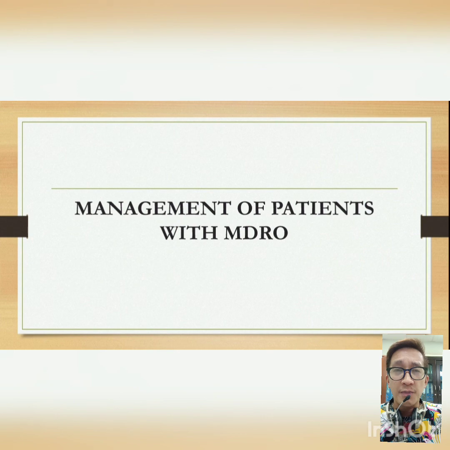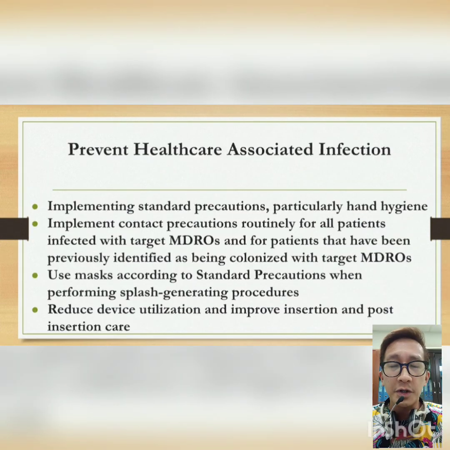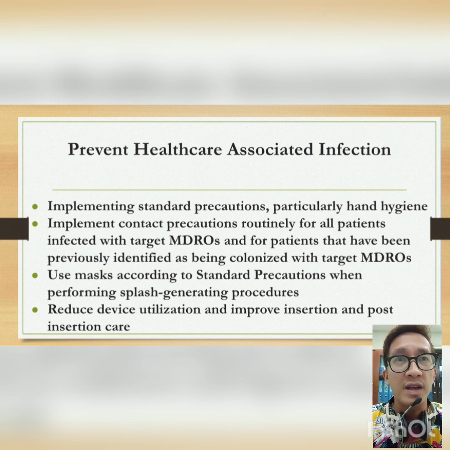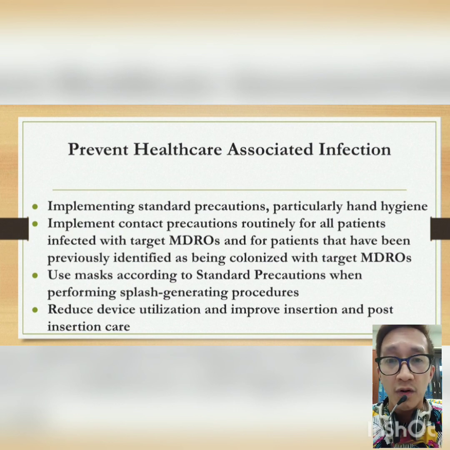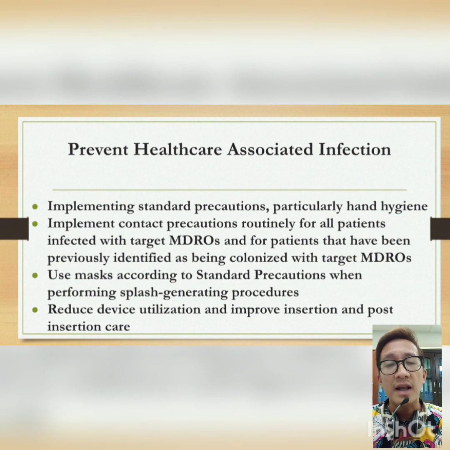How do we manage patients with MDROs? In order to prevent healthcare-associated infections, we must strictly implement standard precautions, particularly hand hygiene. So strict adherence to hand hygiene is very important.